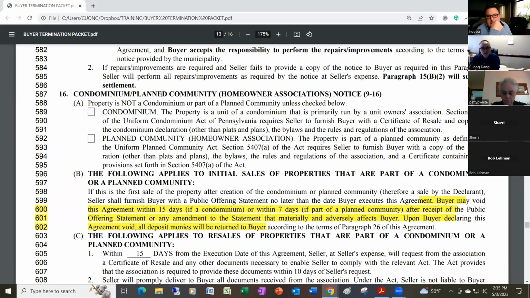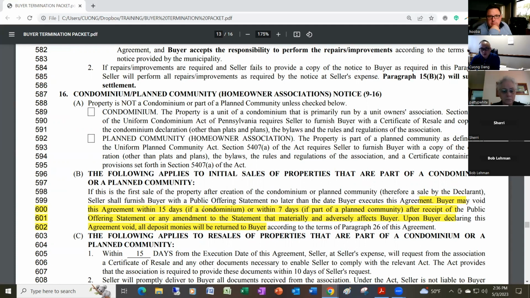All right, condominium planned community, paragraph B. The following applies to initial sales of properties that are part of a condominium or a planned community. So initial sale, okay, first sale. If this is the first sale of the property after creation of a condominium or planned community, seller shall furnish buyer with a public offering statement no later than the date buyer executes this agreement.